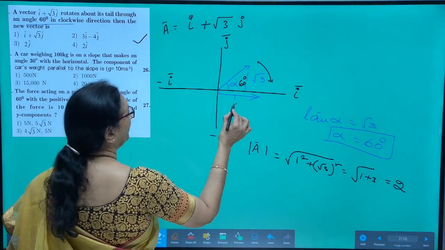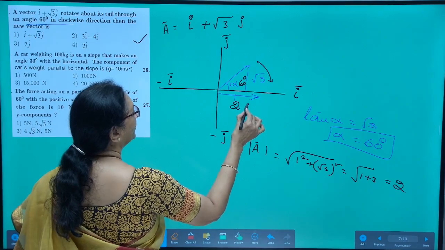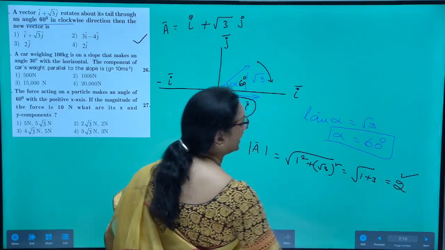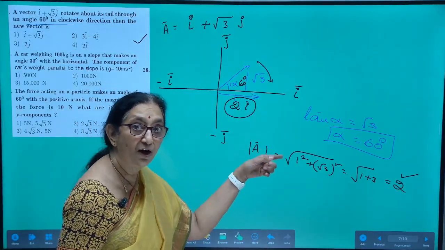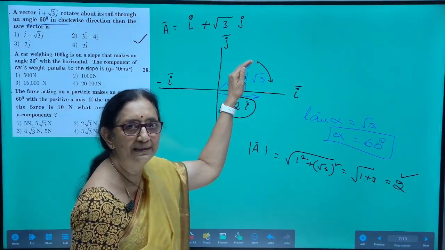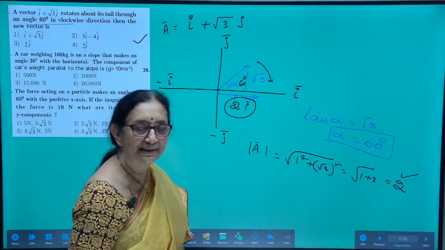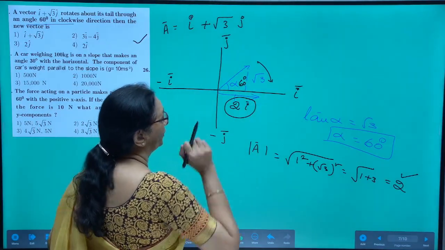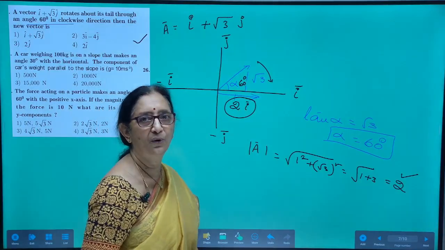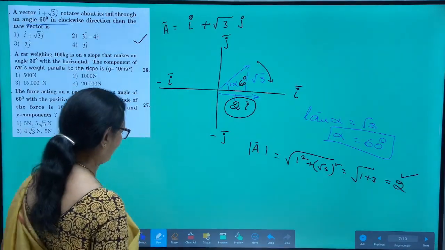So the new vector is simply 2i bar. Magnitude is same as the original vector, but it is along the x-axis. So when the given vector is turned through an angle 60 degrees clockwise, the resulting vector will be 2i bar. That is the problem, right?